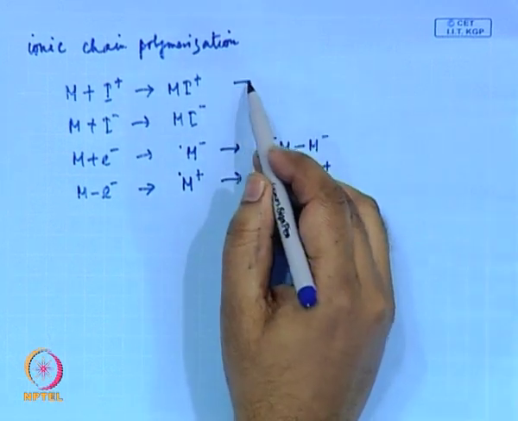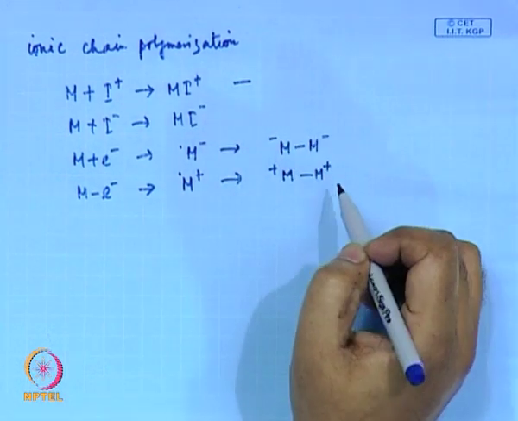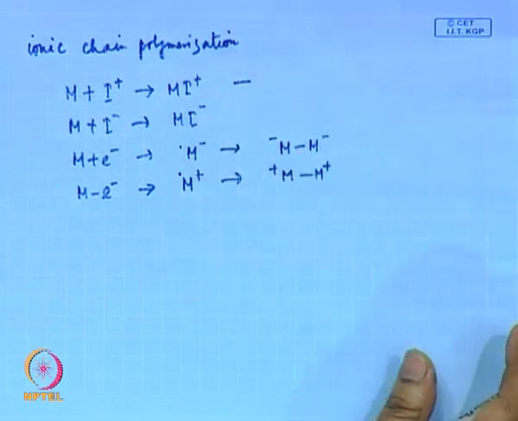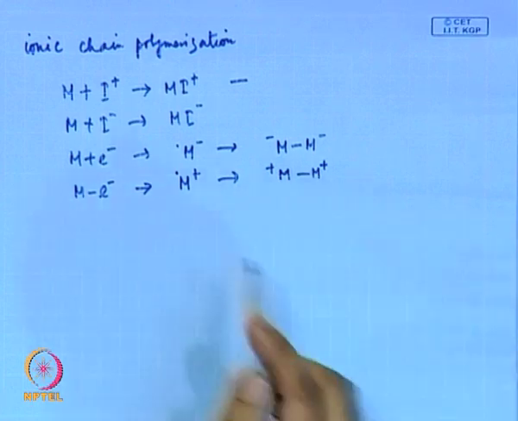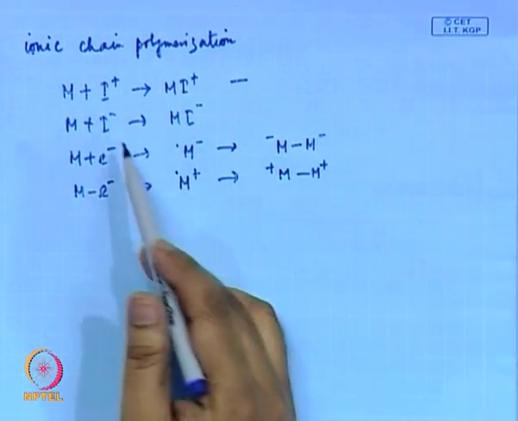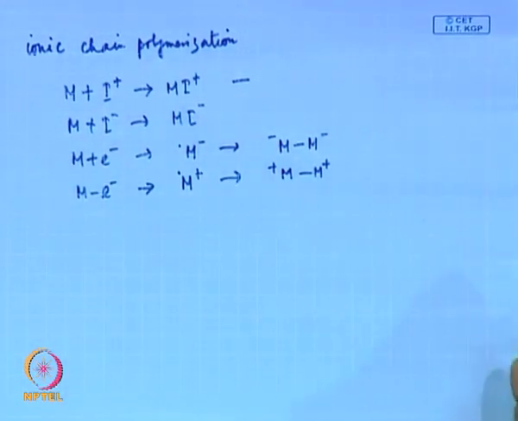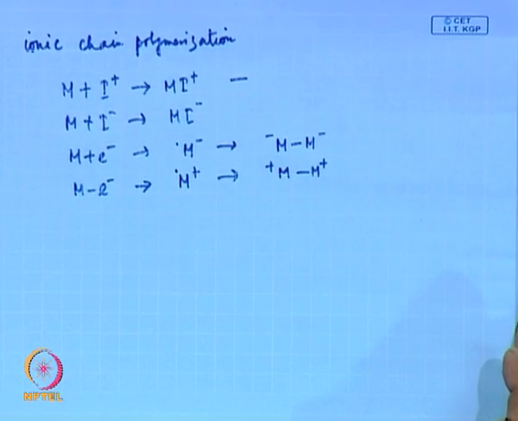So, this is a case of cationic polymerization, and these two are the case of anionic polymerization. And in this case, the initiators are ionic species, and the propagating species are also ionic.